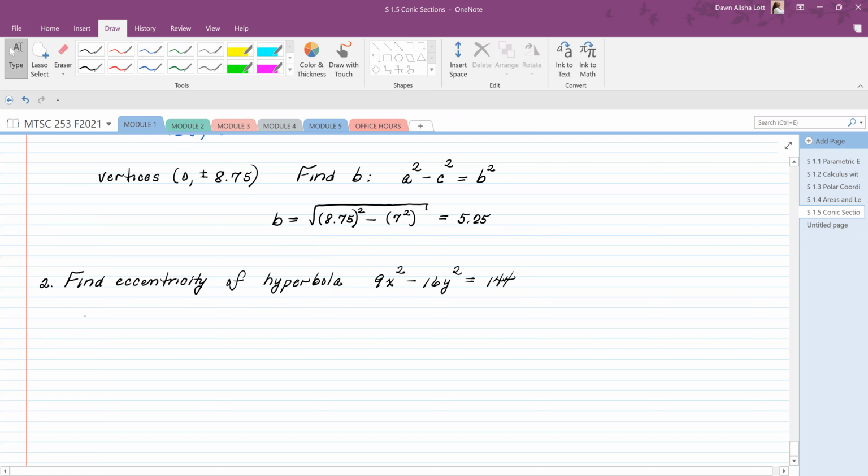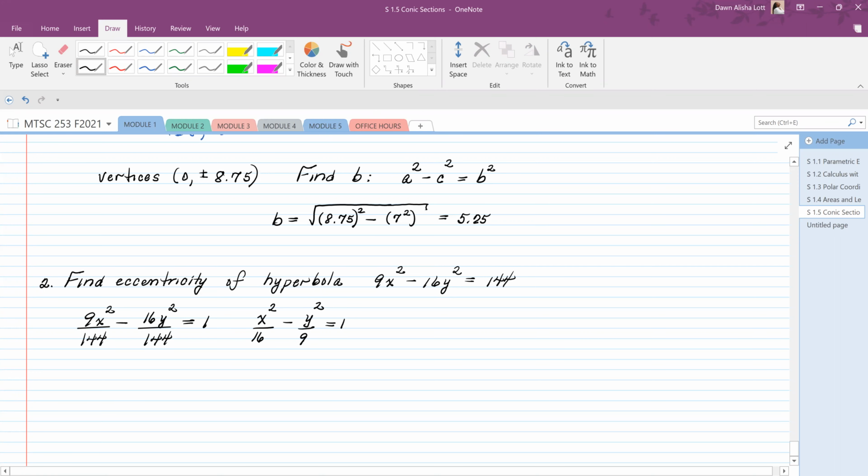So we get 9x squared divided by 144 minus 16y squared divided by 144 is equal to 1. So that gives me x squared over 16 minus y squared over 9 is 1.